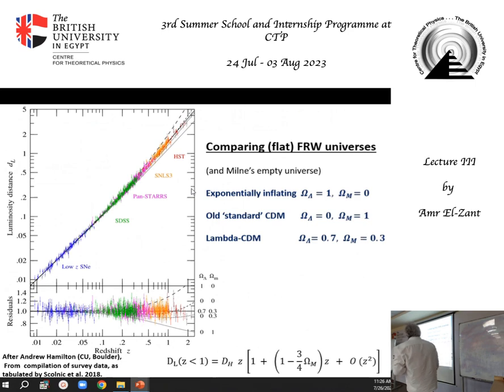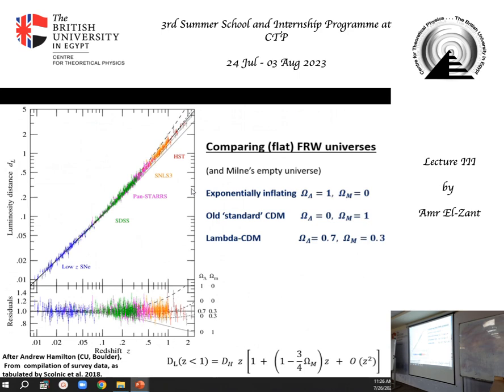So we expect that what used to be called the standard CDM, omega lambda 0, omega total 1, a marginal flat universe made with matter, or matter plus everything else, the standard model and so on.